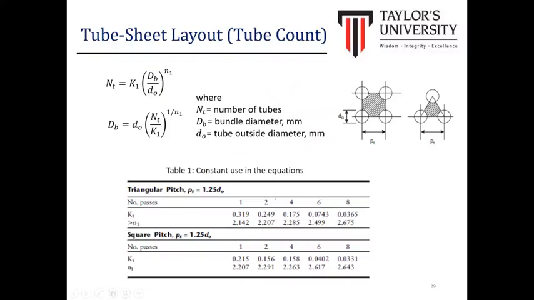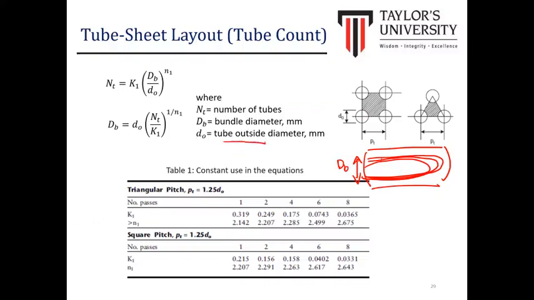For example, I have the shell here, this is my shell, and these are the tubes. This is the total bundle diameter dB, and this is the tube outside diameter. K1 and n1 are constants for each layout.